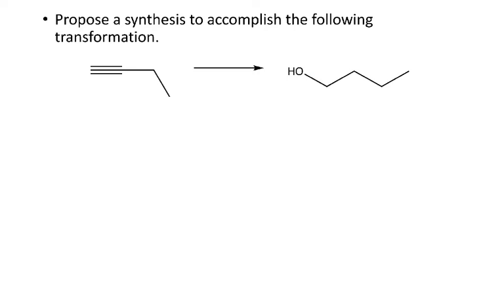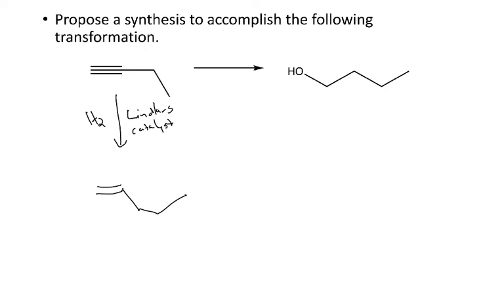So my first step is I want to just reduce it to an alkene. So one way to do that would be to use H2 and a poison catalyst. And so that's going to convert that to a double bond, and then 1, 2, 3.